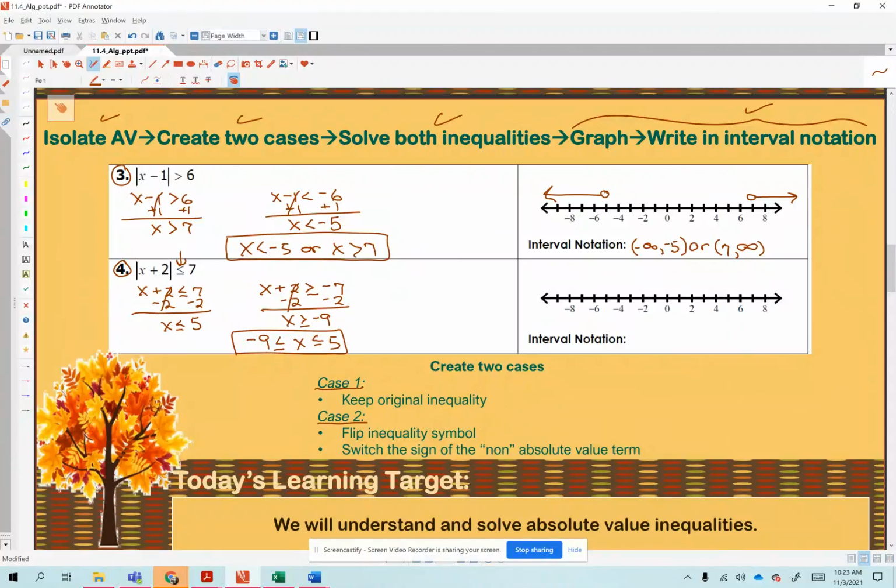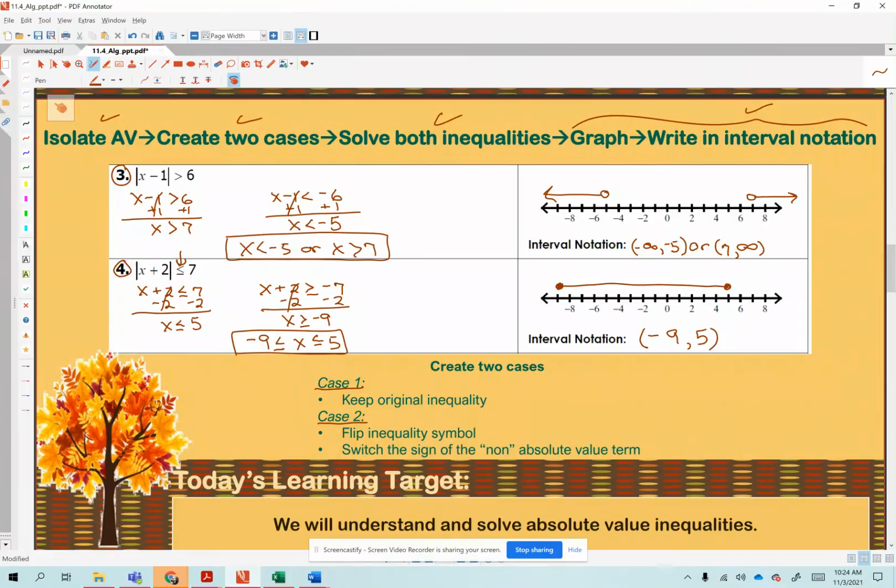So we have a solid dot on negative 9 and a solid circle on 5. We simply connect them, and our interval notation is easy. In this case, it's negative 9, comma 5, and we're finished with number 4.